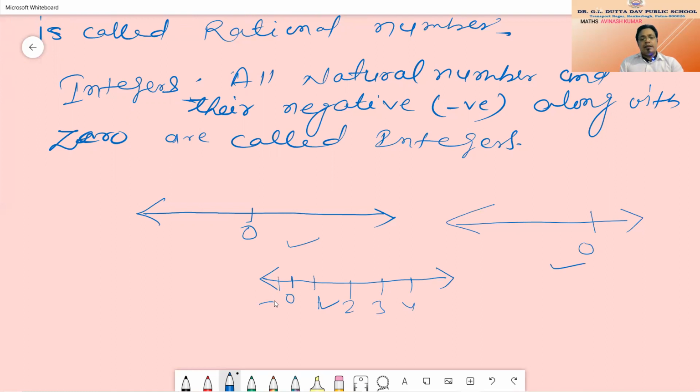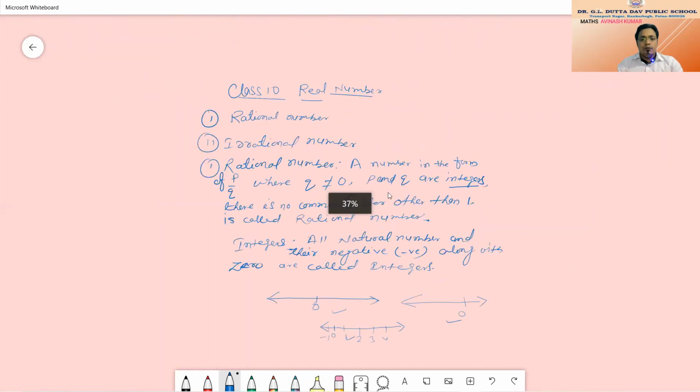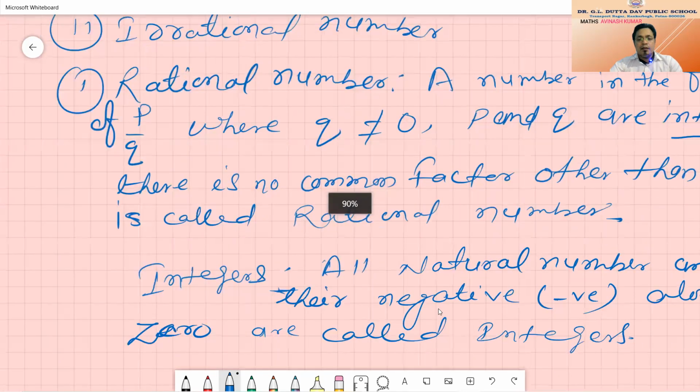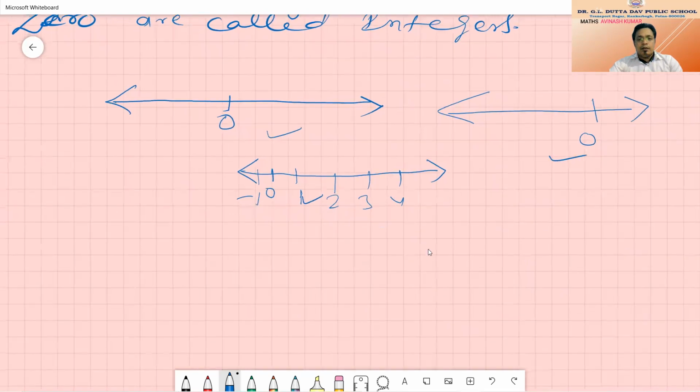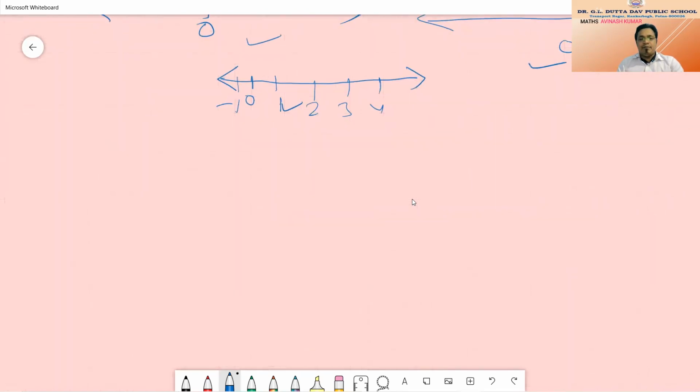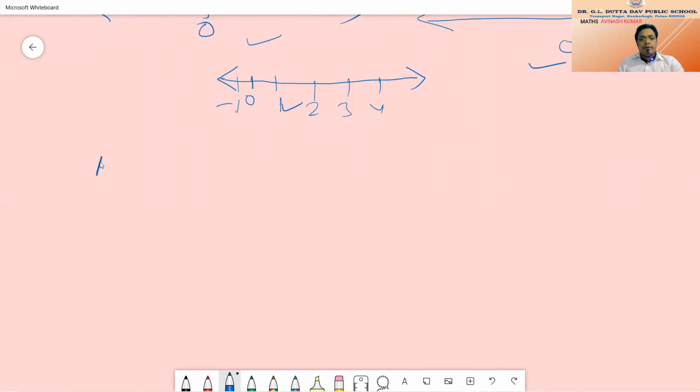And the negative side is like this. We represent integers on a number line.